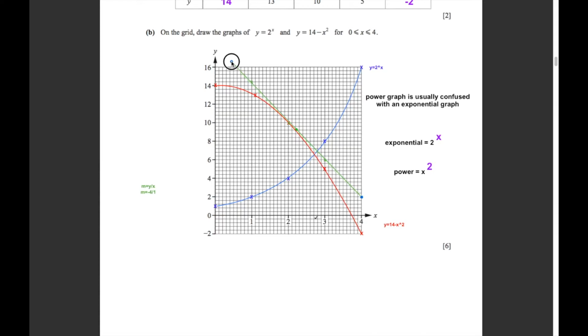Make sure you get all the points in. Okay, there you go. Let's label this line as well, because at the end you're going to be using a pencil, so you won't be able to create all these different colors. So y is equal to negative 4, which is m, x, plus b.